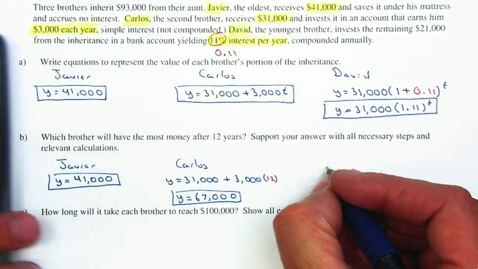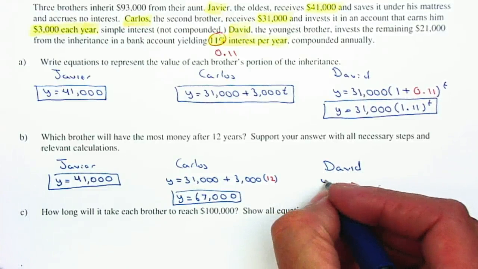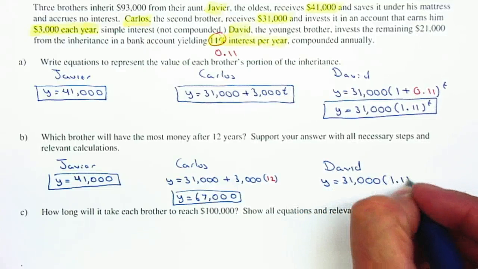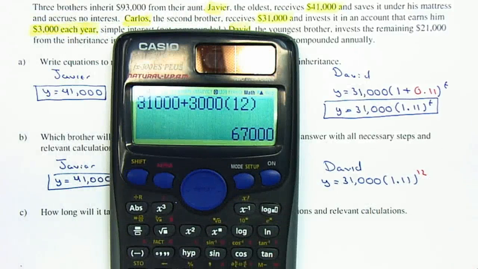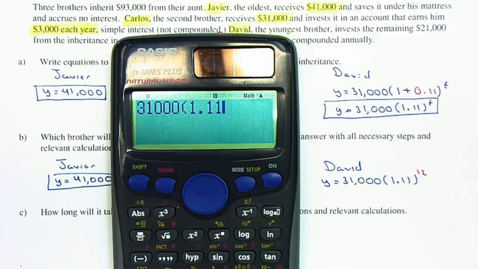And David, his equation will be Y equal to 31,000 times 1.11 to the power of 12. We're going to use a calculator to simplify it. So it'll be 31,000 multiplied by 1.11 to the power of 12.